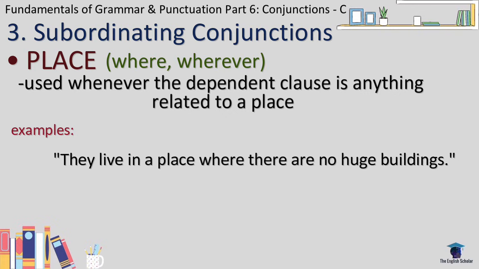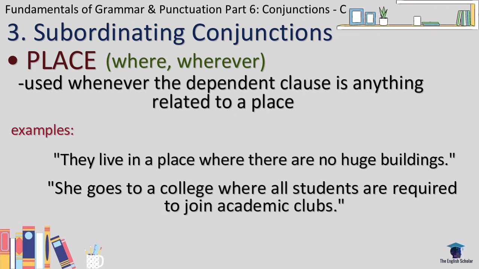Example, they live in a place where there are no huge buildings, meaning they live in a place that has no huge buildings. Another example, she goes to a college where all students are required to join academic clubs, meaning she studies in a college that requires all students to join academic clubs.